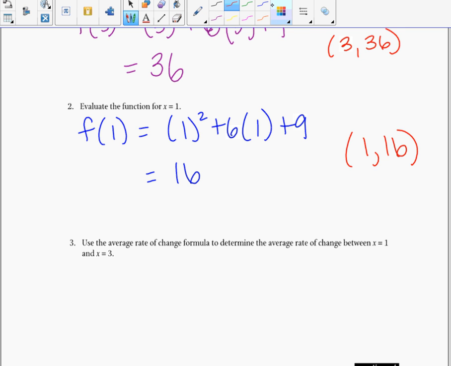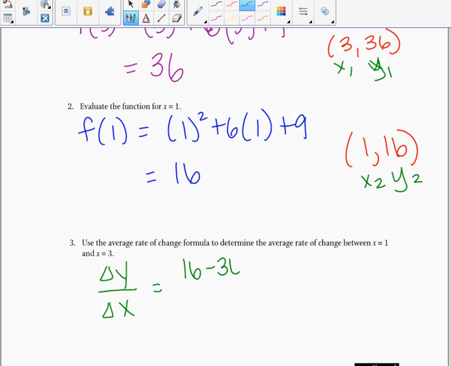Well, now we know we're going to do change in y over change in x. And now we have our corresponding y's. So I'm just going to make this my first point, x1, y1 and x2, y2. So it's y2 minus y1 all over x2 minus x1.